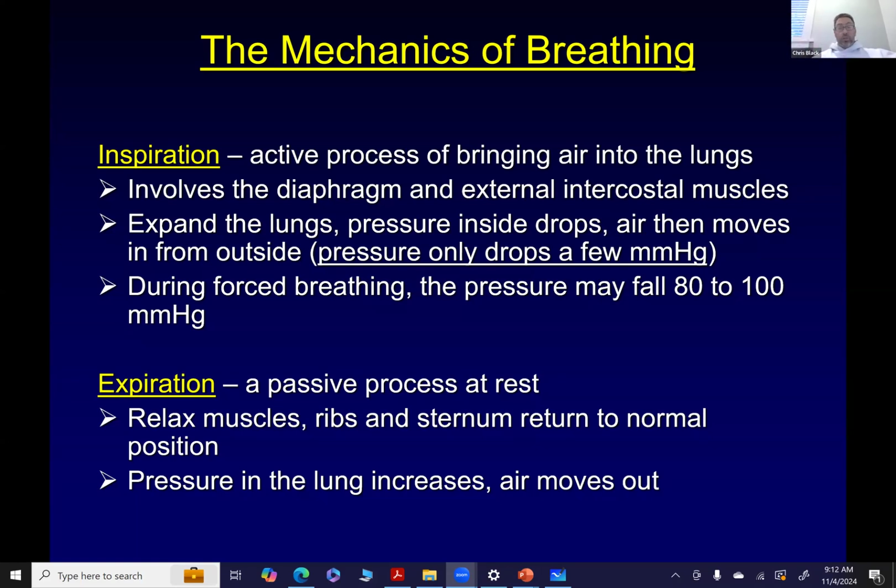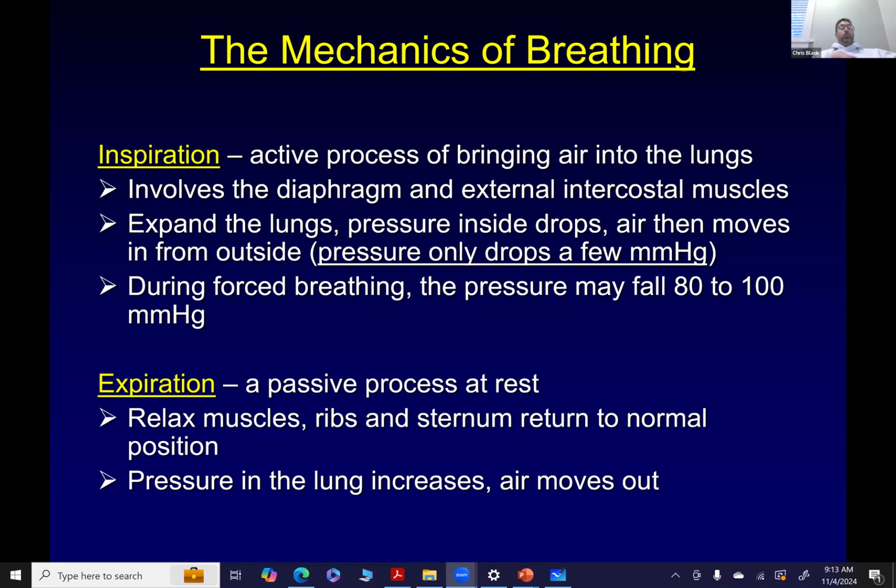But the thing to keep in mind when we talk about inspiration, as you bring that air in, is that we are going to expand our chest cavity. You are going to drop the diaphragm. It's going to raise the volume inside your chest cavity where your lungs are. That lowers the pressure.